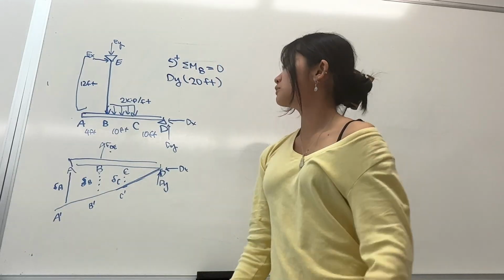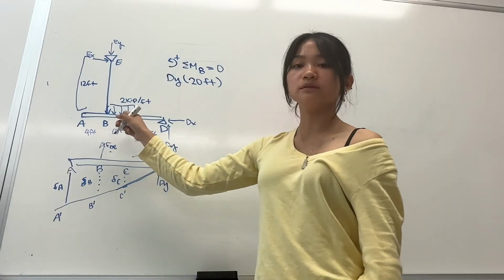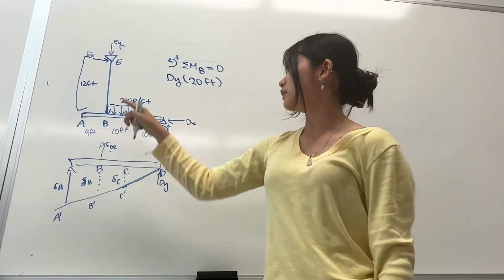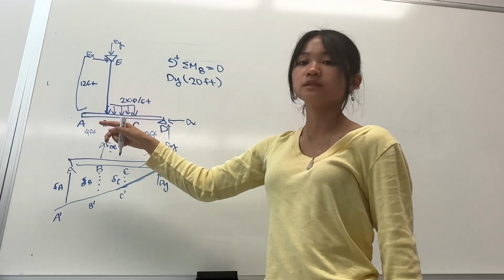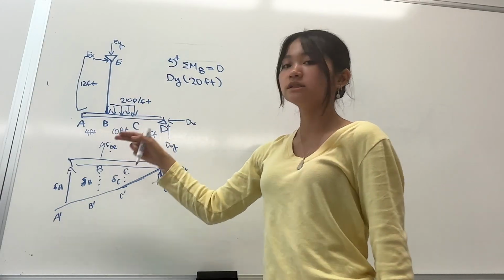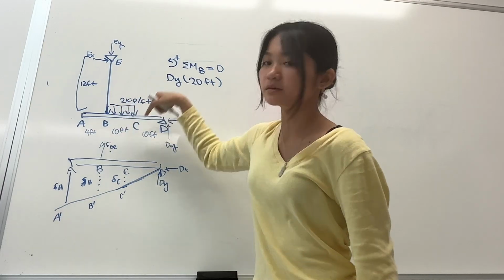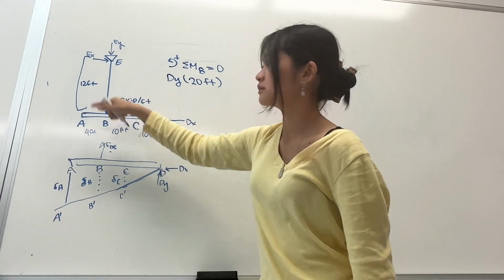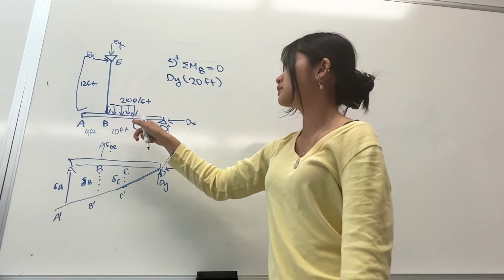And then we also have our distributed load, which will also make our beam rotate. But in this case, because it's going downwards like this, it's going to make our moment rotate clockwise, right? So in this case, it would be negative.